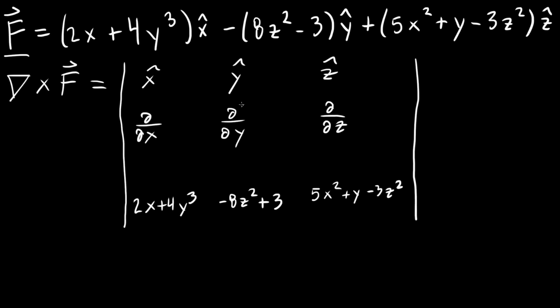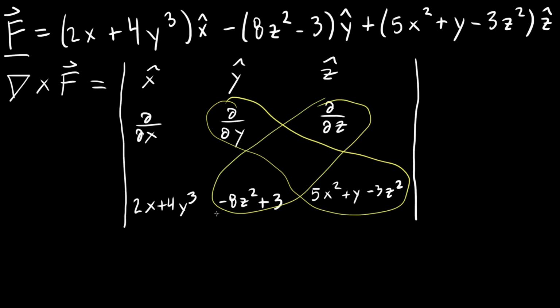So in order to find the x component, we'll compute like this. So this will equal the partial derivative with respect to y minus the partial derivative with respect to z.